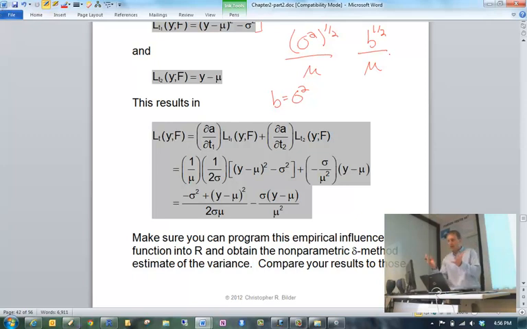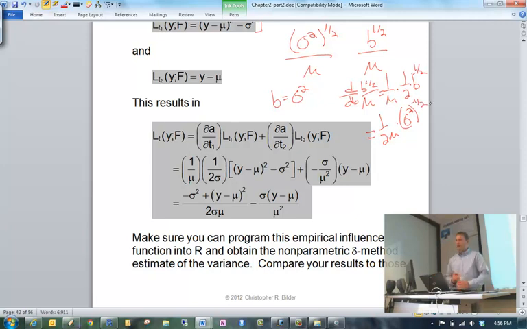Obviously, the mu doesn't play a role. So if I take d/db, I get 1 over mu times 1/2 times b raised to the negative 1/2 power. If I write this now in terms of sigma squared, then this is going to be 1 over 2 mu times sigma squared raised to the negative 1/2 power. In other words, 1 over sigma. And that's what we got right here.